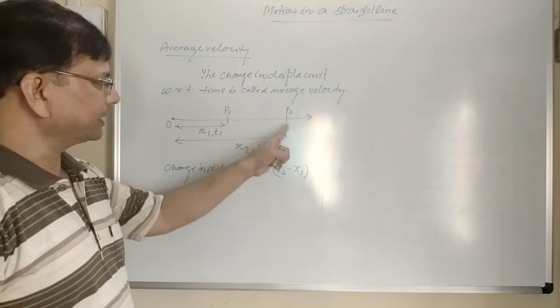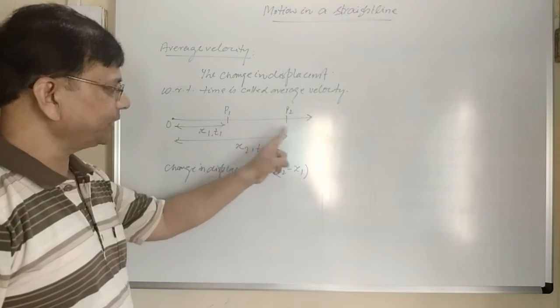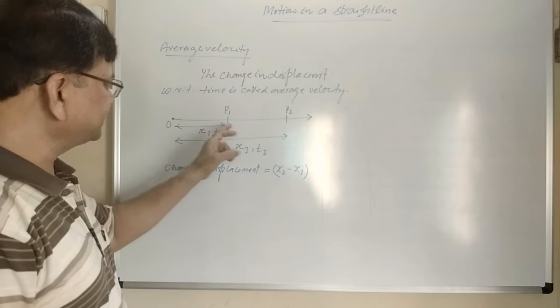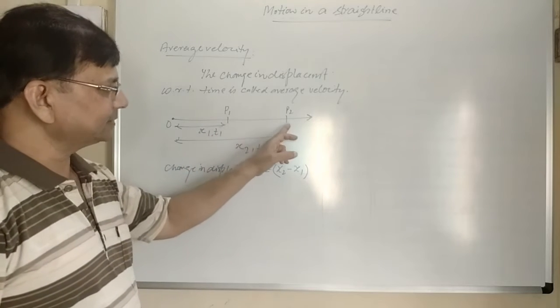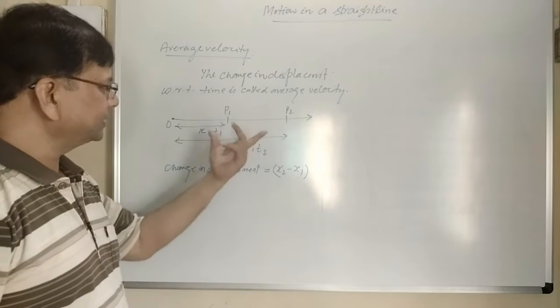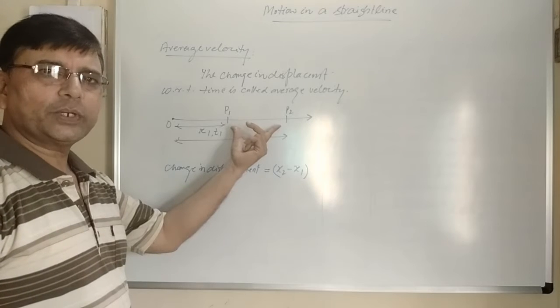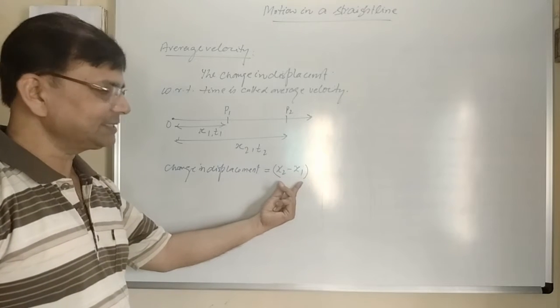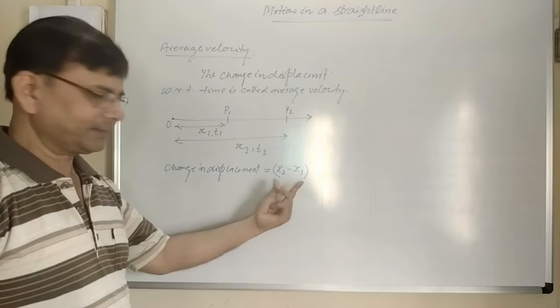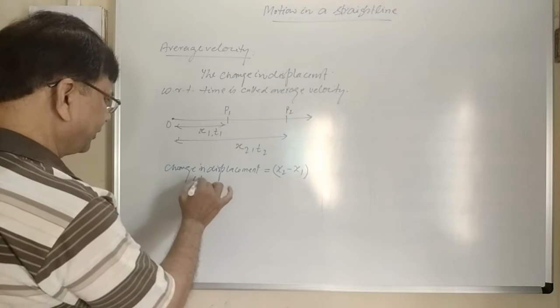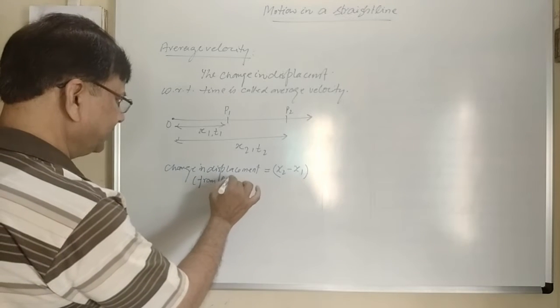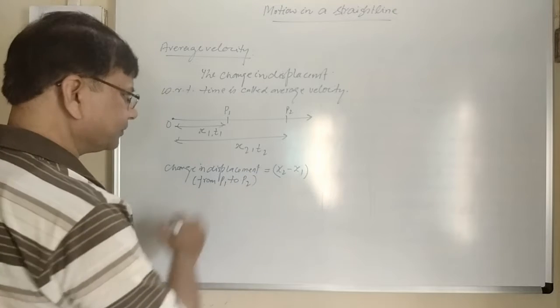The object has moved from here to here. This displacement is x1 and this is x2 from here. So from P1 to P2, the displacement is x2 minus x1.